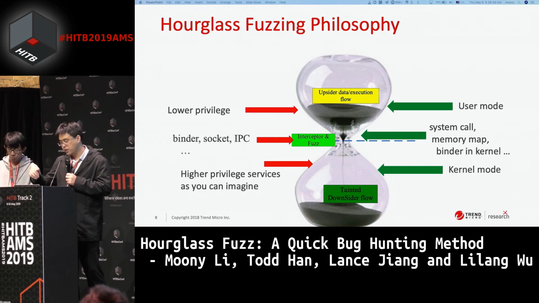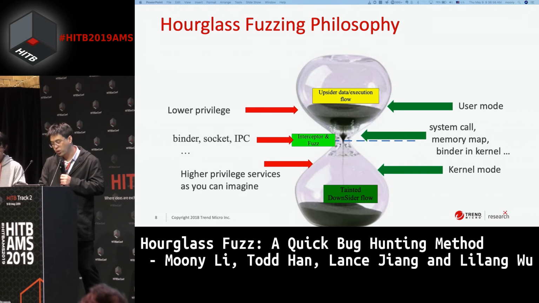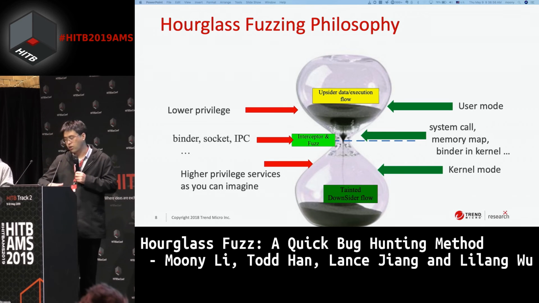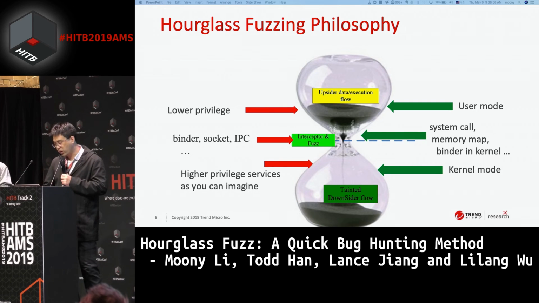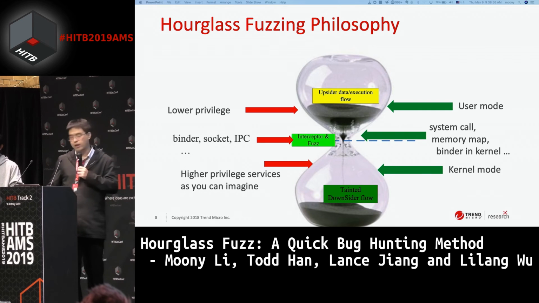In practice, for example, we could usually cause the Android graphics driver KGSL to crash in about 1 minute, which is largely reduced compared with the traditional fuzzing method and code reviewing.